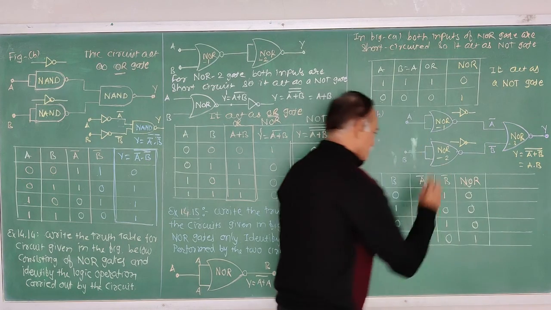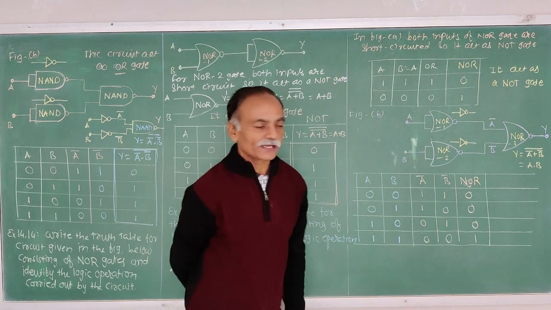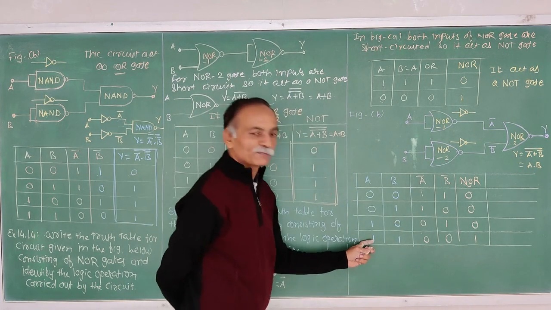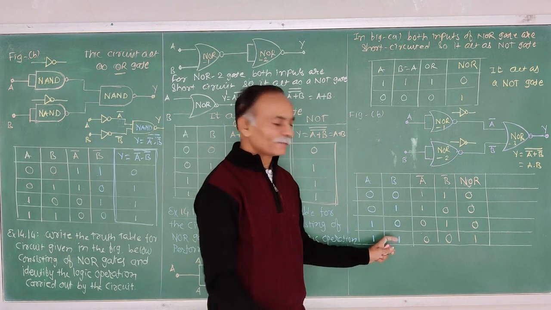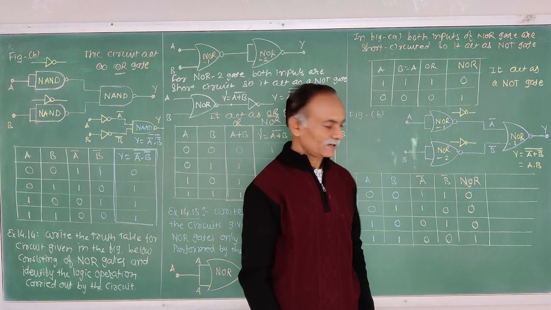Clear? Now listen. Here the different output of this NOR gate, this one, is obtained for which input? Both inputs are 1. So that is the characteristic of an AND gate: if both inputs are 1, output is 1.